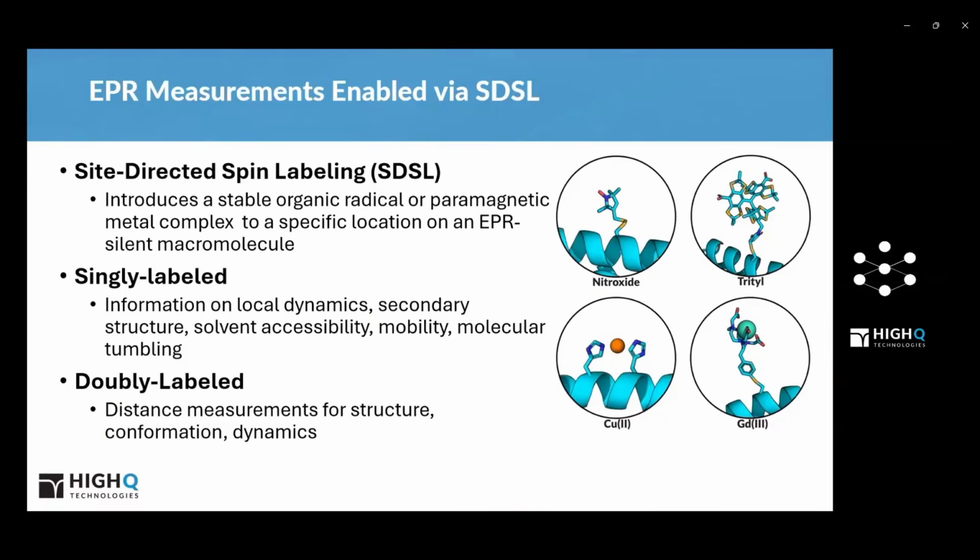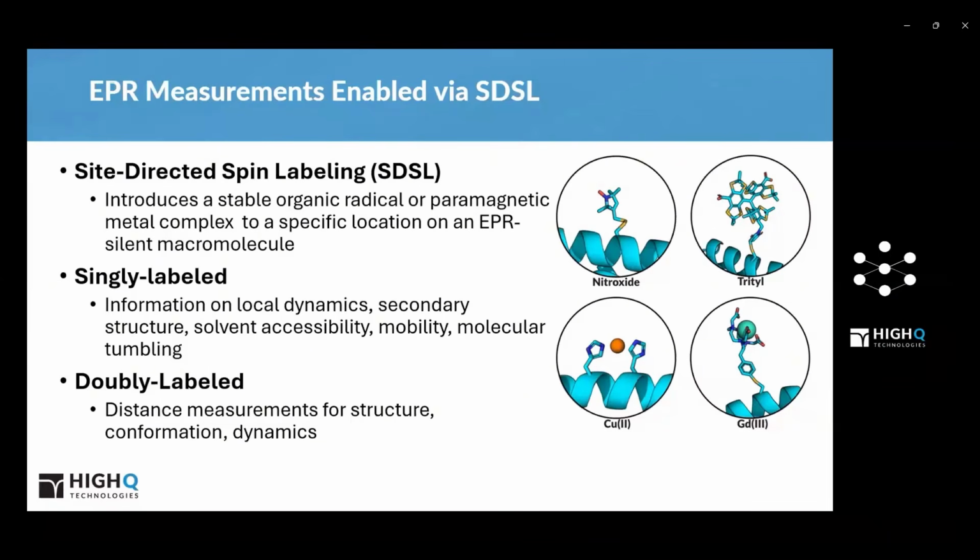So there's been a lot of development in the field to create alternative spin labeling methods that either have different radical groups that you can detect and different linkers to the protein itself, so that if you have a particular system that has some certain limitations, there's very likely a spin labeling strategy that can get over those limitations and allow you to perform EPR measurements on your system of interest.